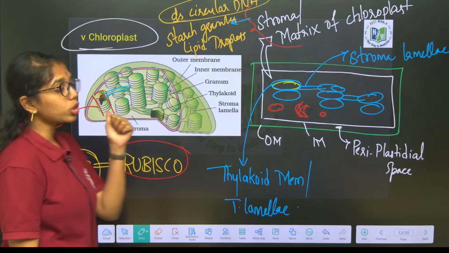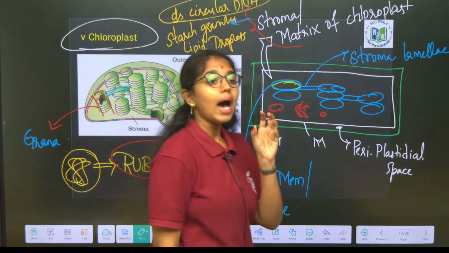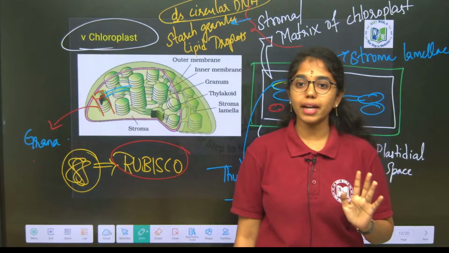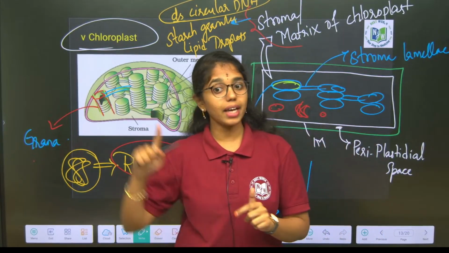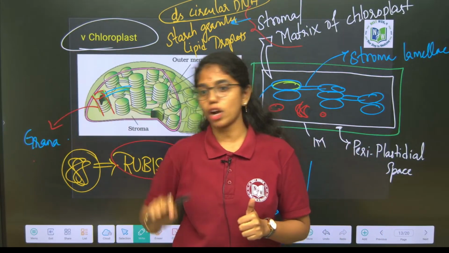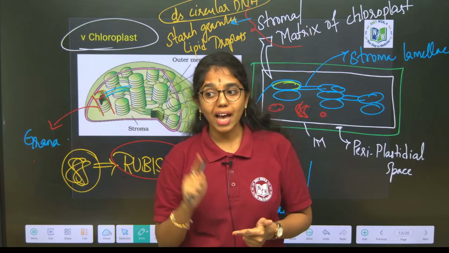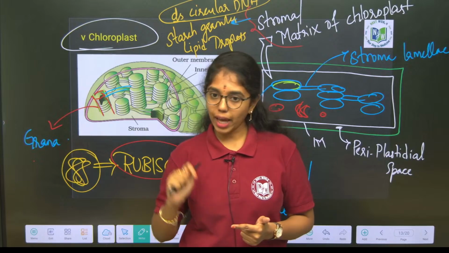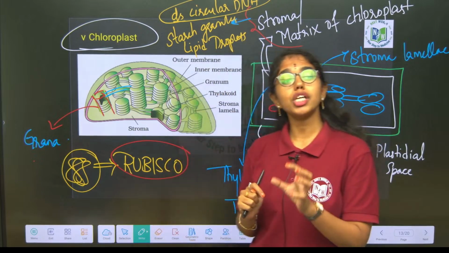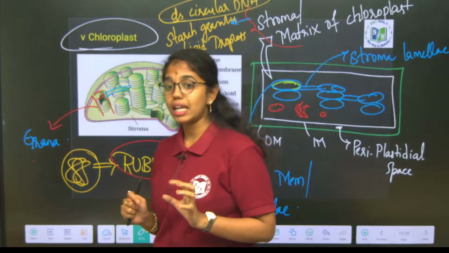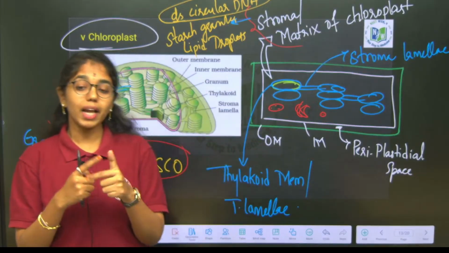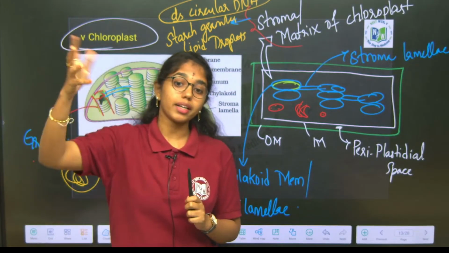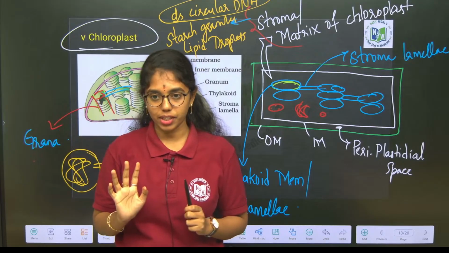And as both chloroplast and mitochondria are possessing double stranded circular DNA, which is a characteristic feature of what? Prokaryotic cell. And it is also having 70S ribosome, that is also a characteristic feature of prokaryotic cell. It is possessing the features of a prokaryotic cell because both chloroplast and mitochondria were once upon a time prokaryotic cells actually.